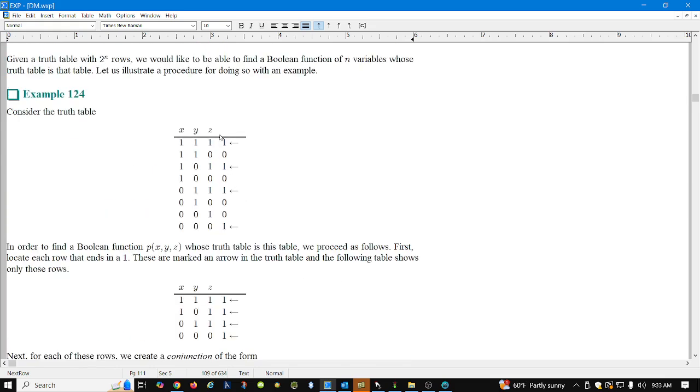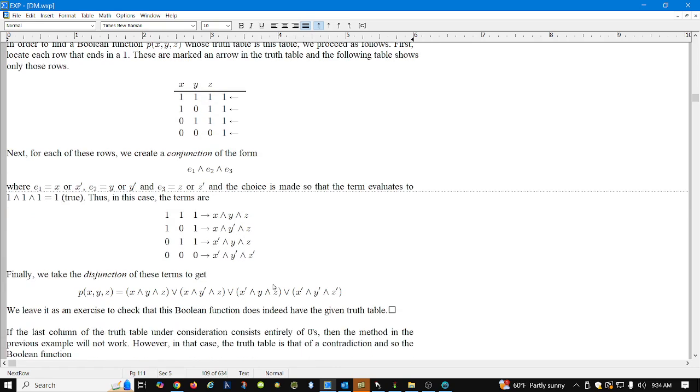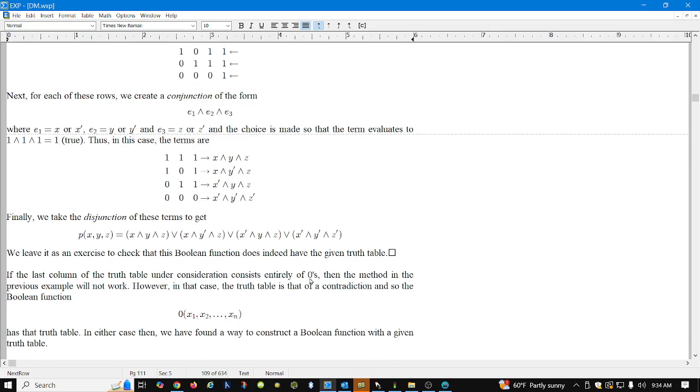If the last column of our truth table was all 0s, this wouldn't work because we would have nothing left here. But a table, all of whose values are 0, is the truth table of a contradiction. And that's where this special polynomial comes in. This always evaluates to 0.